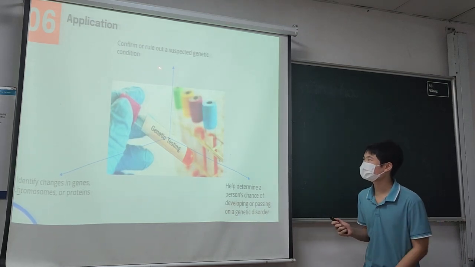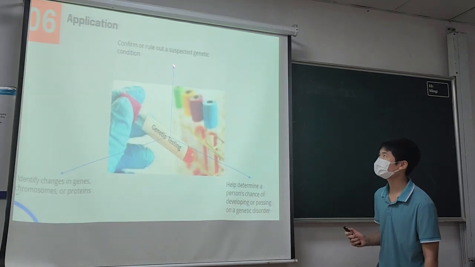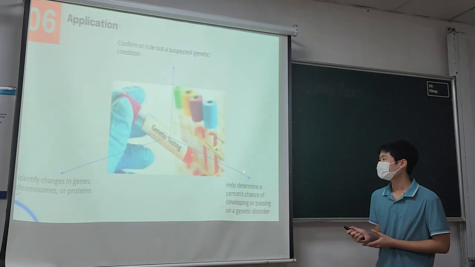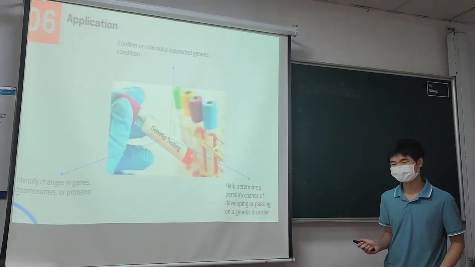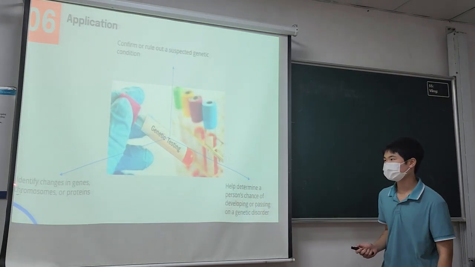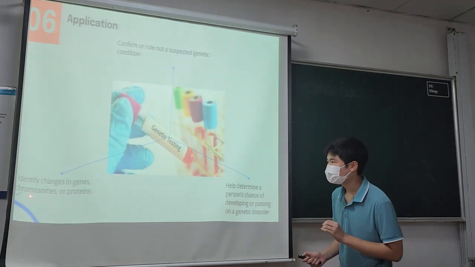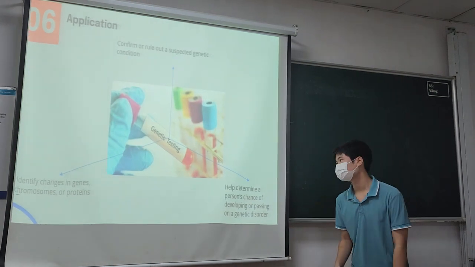The first advantage is to confirm or rule out a suspected genetic condition. The second is to help determine a person's chance of developing or passing on a genetic disorder. And the last benefit is to identify changes in genes, chromosomes, or proteins.